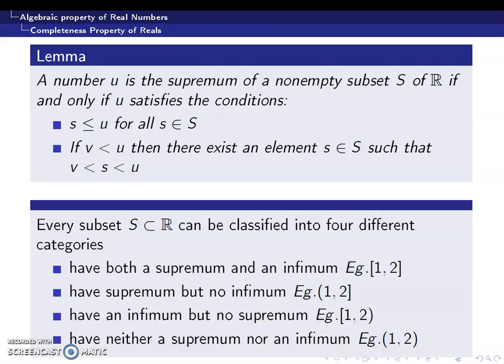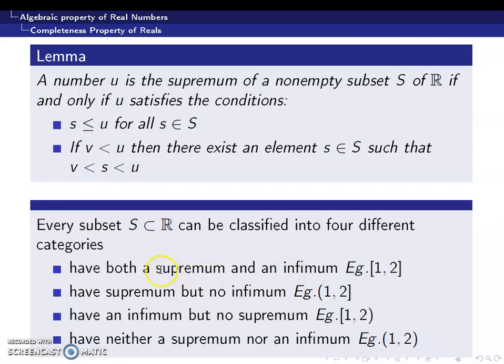So based on the supremum and infimum, we can classify a non-empty subset of R into four different categories. As I have already told you, in general, supremum and infimum of a set need not be an element of the set. Based on that fact, we can classify our sets into four categories.